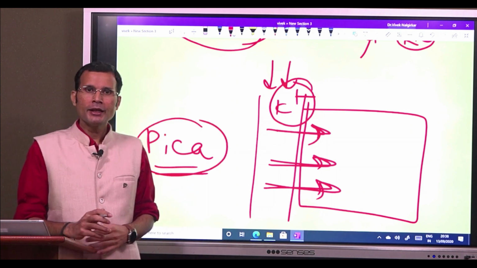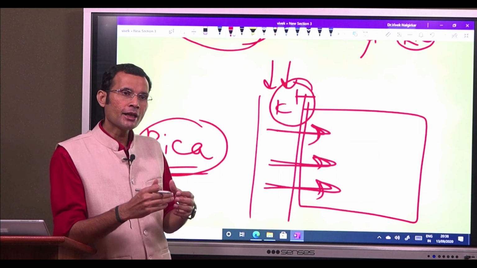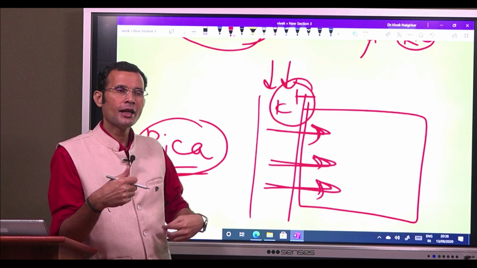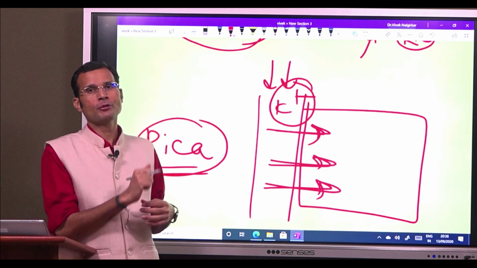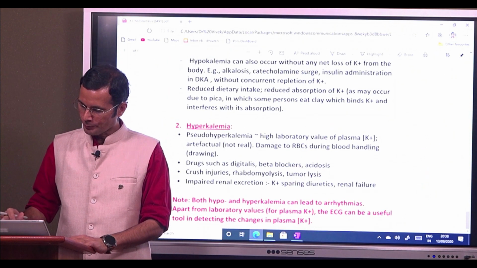What happens is, if they eat clay, then that clay prevents potassium absorption from the digestive tract. This clay will go into the gut and prevent the potassium absorption from the gut. So that can also cause hypokalemia.